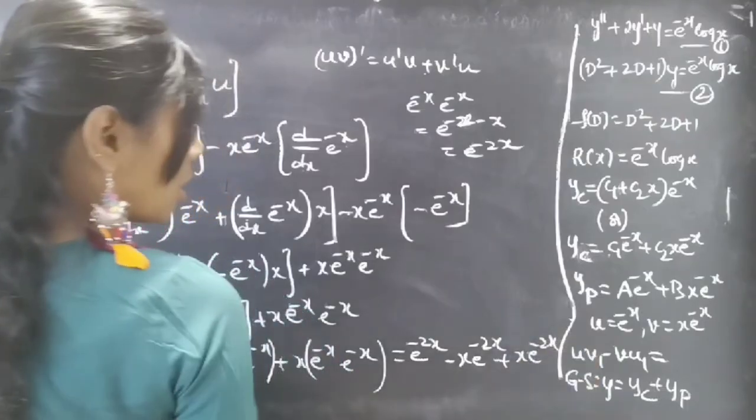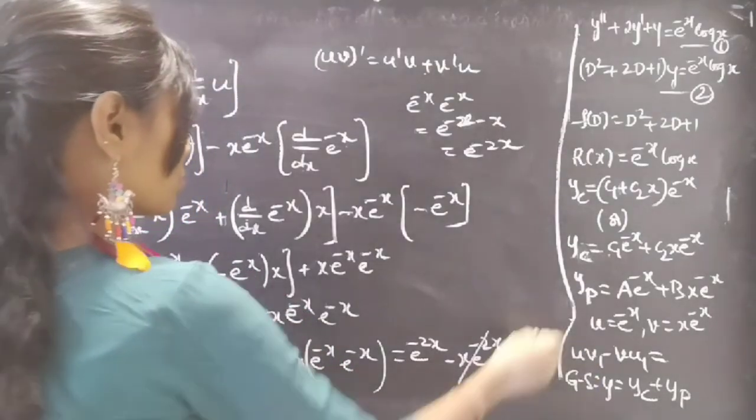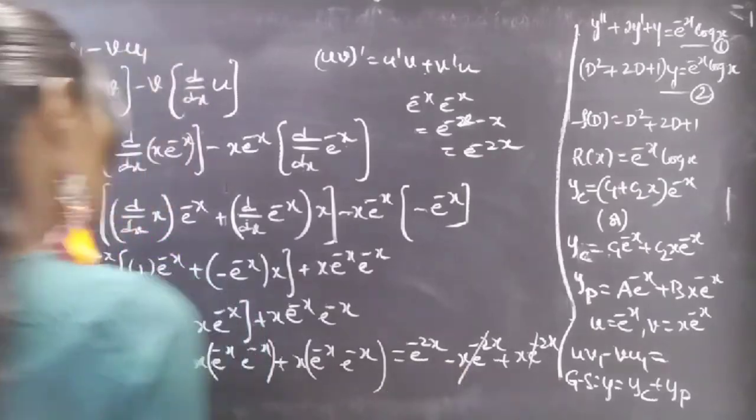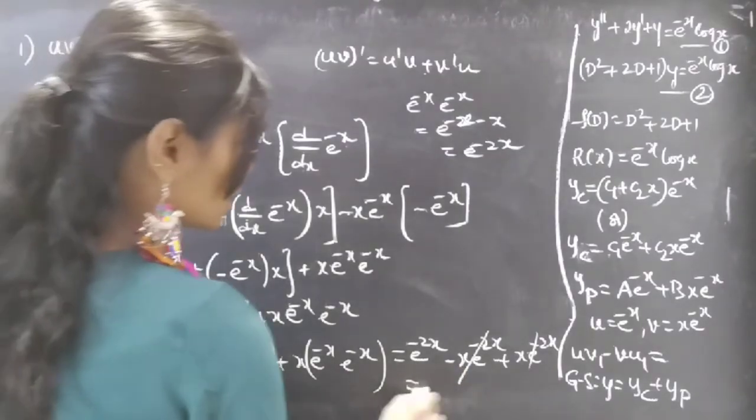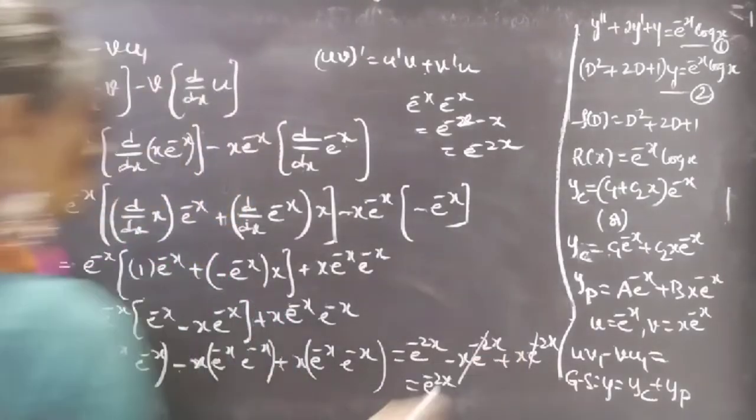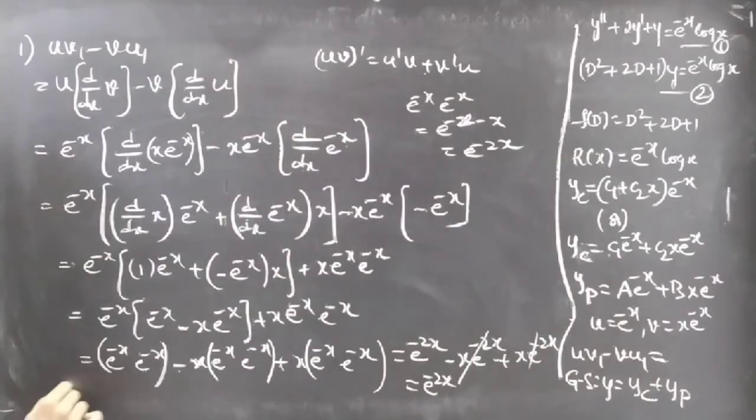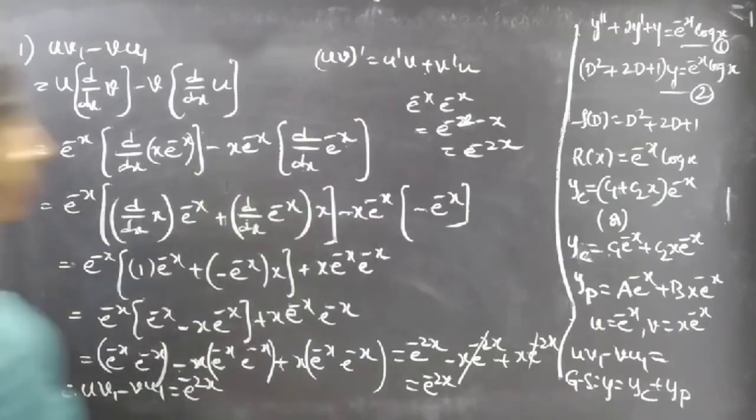So here minus x e power minus 2x and plus x e power minus 2x get cancelled and we'll get e power minus 2x. Therefore u v1 minus v u1 equals e power minus 2x, right?